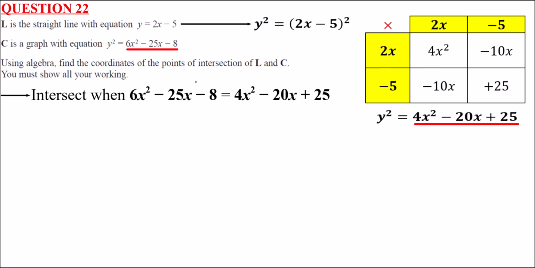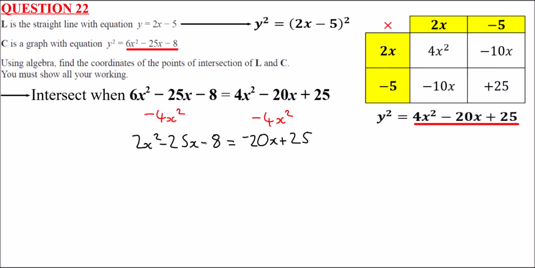So that's what we've got here. So we can now rearrange and try to solve. What I'm going to do first of all is subtract 4x squared from both sides. That gives me 2x squared minus 25x minus 8 equals minus 20x plus 25.